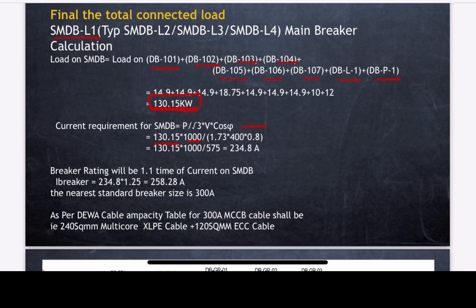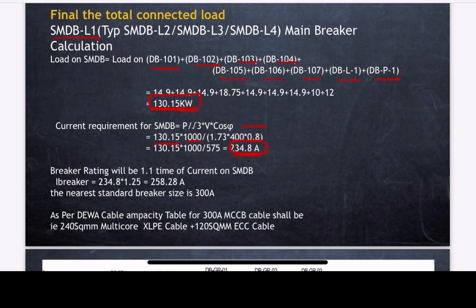Then V is 400 volt 3 phase, and I consider the power factor as 0.8. Based on the numerical calculation, the total current required to satisfy 130.15 kilowatt of load is 234.8 ampere.